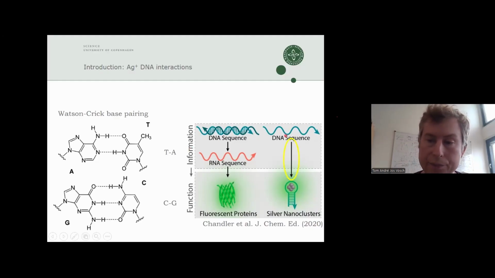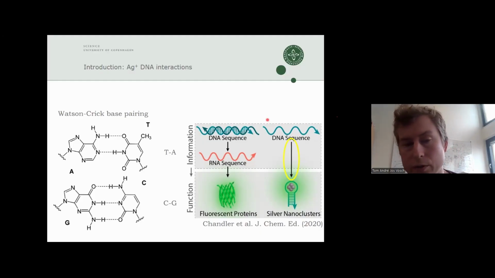And this arrow that I indicate here is what we have been working on, trying to unravel how it is that a certain DNA sequence is good at stabilizing certain silver nanoclusters.